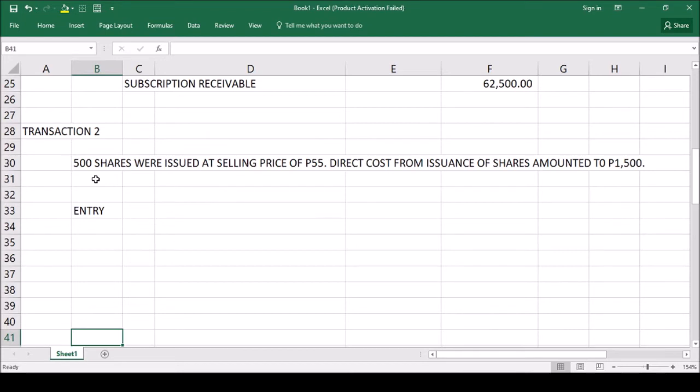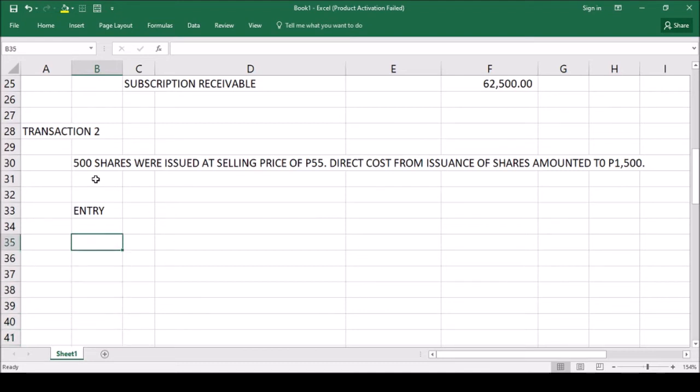Usually, hindi naman usually kasi ayon sa batas, no shares shall be issued below par. So if there were problems that you will encounter, that it is issued below par, I think it is not acceptable kasi the Corporation Code of the Philippines requires that the issuance of shares must be above par. Okay? So, in this case, paano po natin gagawa ng entry?